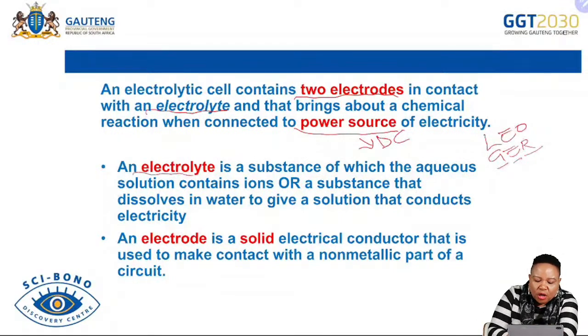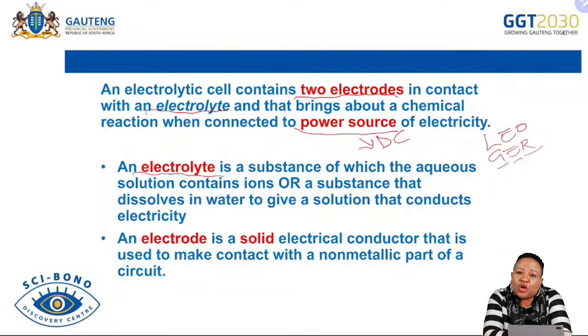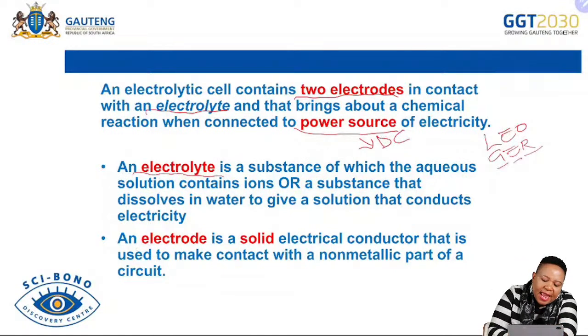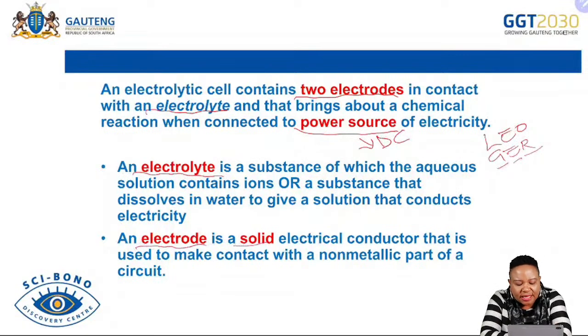We have already talked about the definition of an electrolyte, which is the solution that we are going to use in our electrolytic cell, and our electrodes, which are solid electrical conductors that allow the movement of electrons from one side of the cell to another.